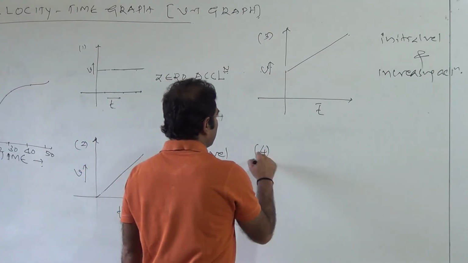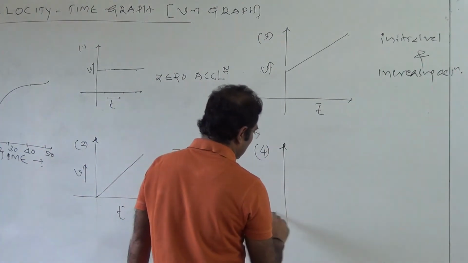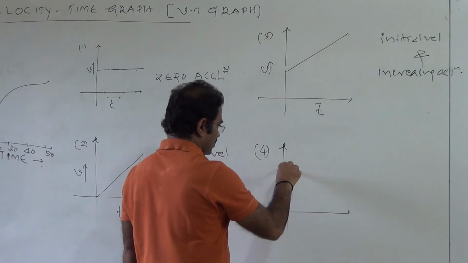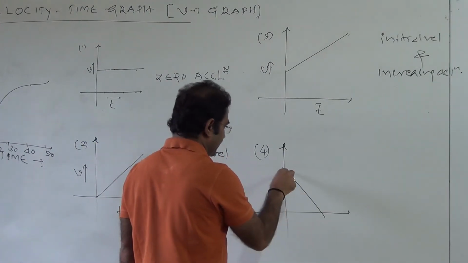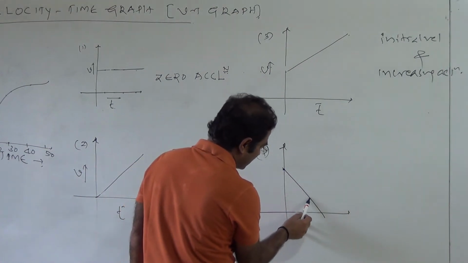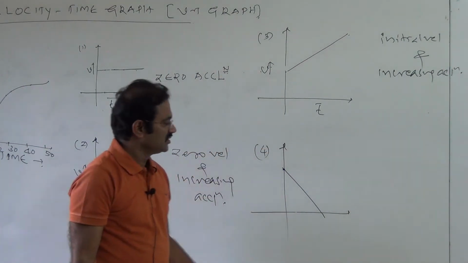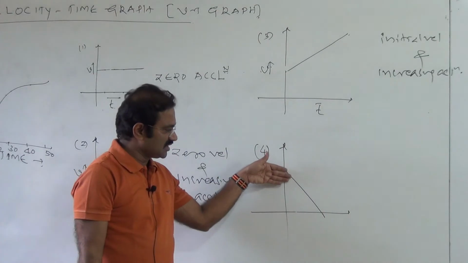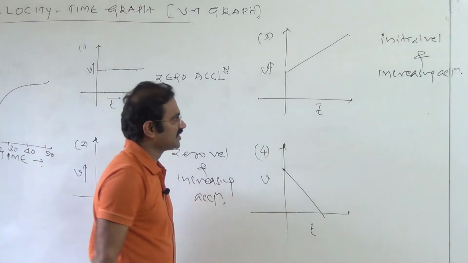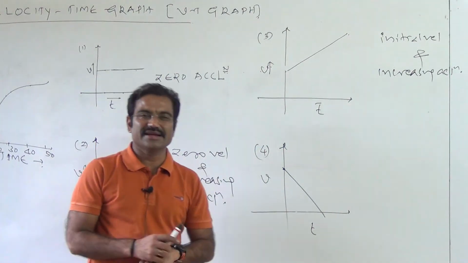Fourth one, if you take a graph like this, initially it has a certain velocity, but with respect to time there is a decreasing velocity, velocity versus time. Therefore we say it is a decreasing acceleration.